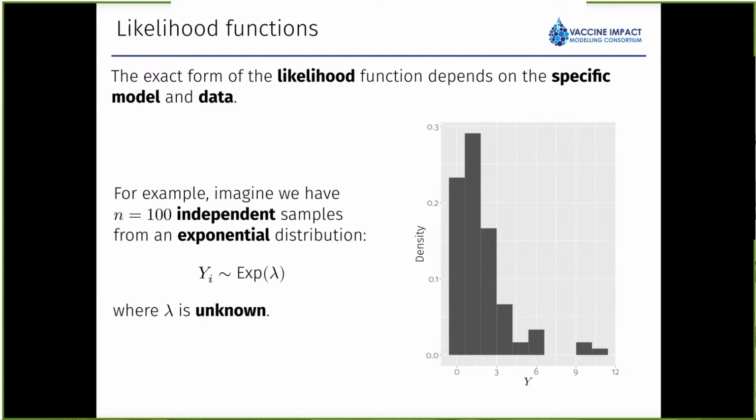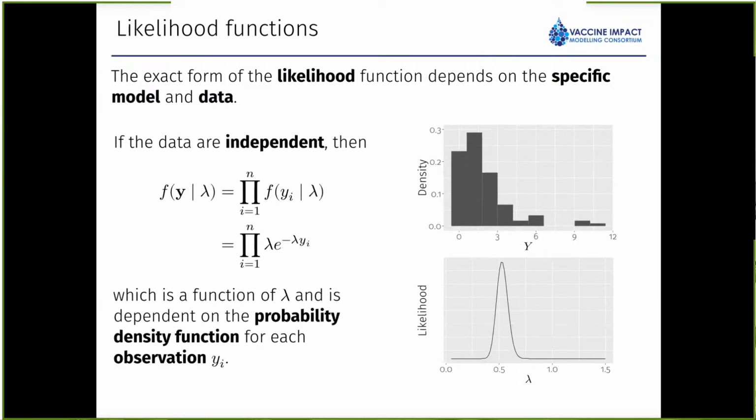And then I'm going to assume that the model I'm interested in fitting is to say that these measurements come from some exponential distribution with some unknown rate. So if I draw a histogram of my 100 observations, I get something that looks like this. And so in this scenario, the question is, can I produce an estimate for lambda which is useful?